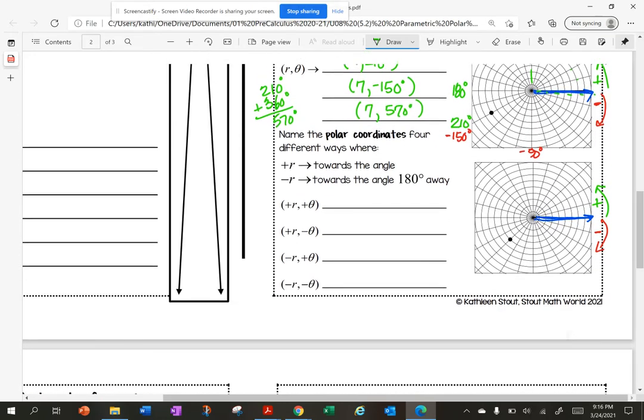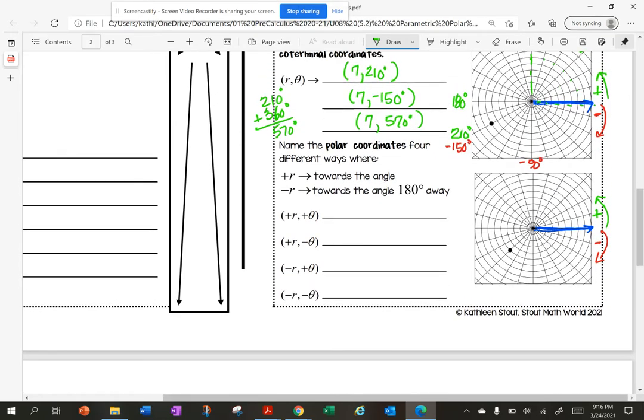Let's try the same thing, but now I'm going to introduce my radius in the opposite direction. So my plus radius is considered towards the angle, and my minus radius is 180 degrees away.